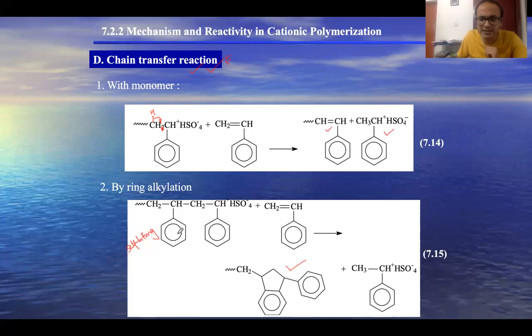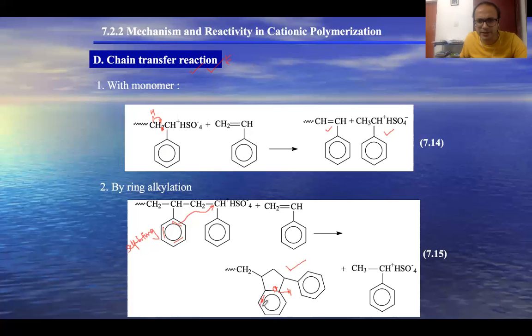It's pretty easy to understand if you consider these double bonds. This is an electrophile, so it attacks here and forms a bond here. So this is this bond, and thereby you will have a positive charge.